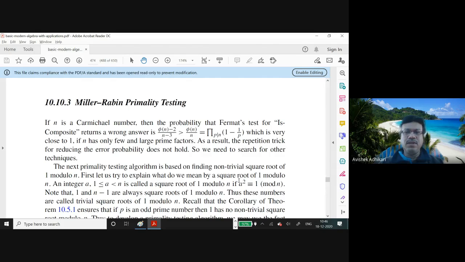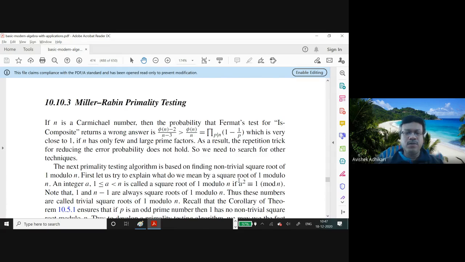So we need to read up a few basic things, but I am not going to give you the correctness proof, that means the formal proof showing why the Miller-Rabin primality testing algorithm is correct, the theoretical background.